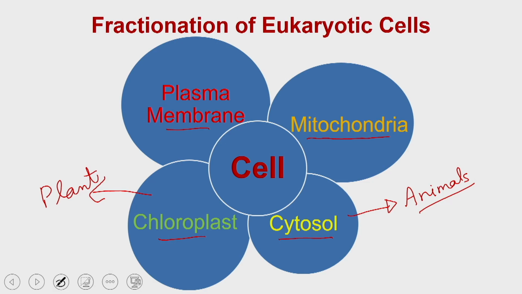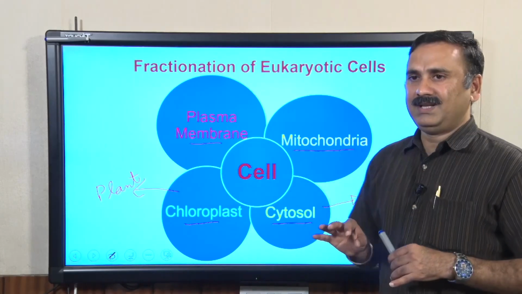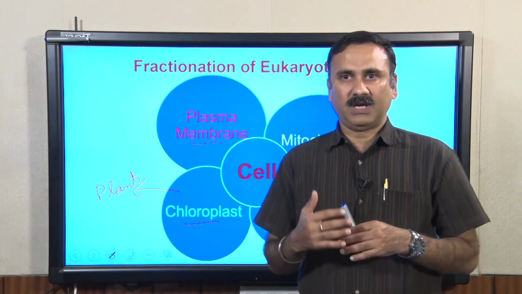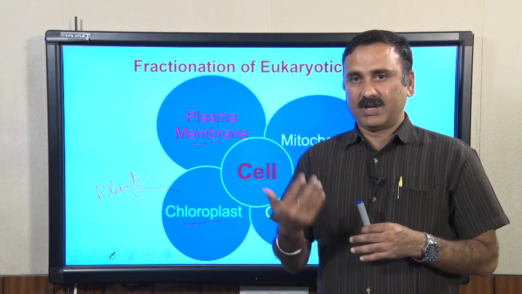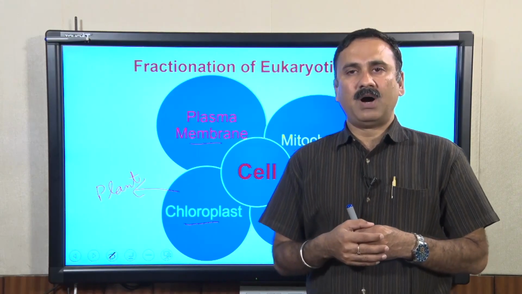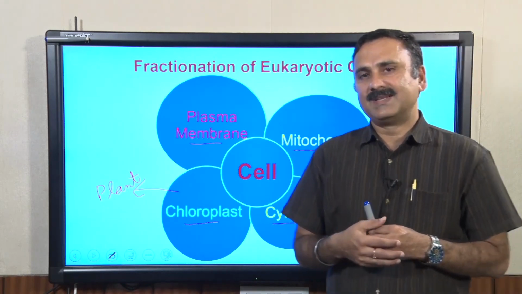If you know the isolation of these organelles, you can either isolate these organelles, or remove the contaminating organelles from the cytosol, and that will give you very high purity in extracting your specific proteins.